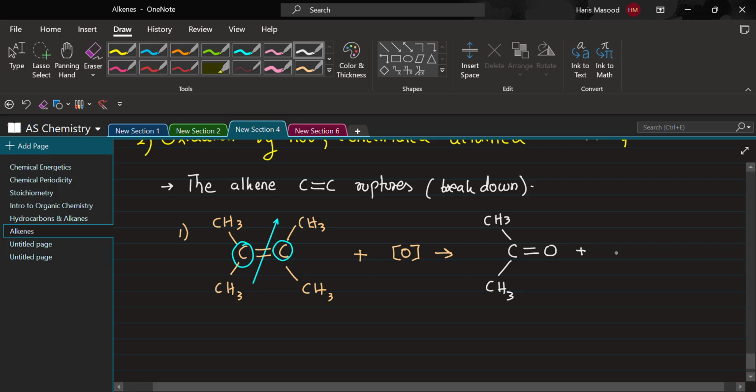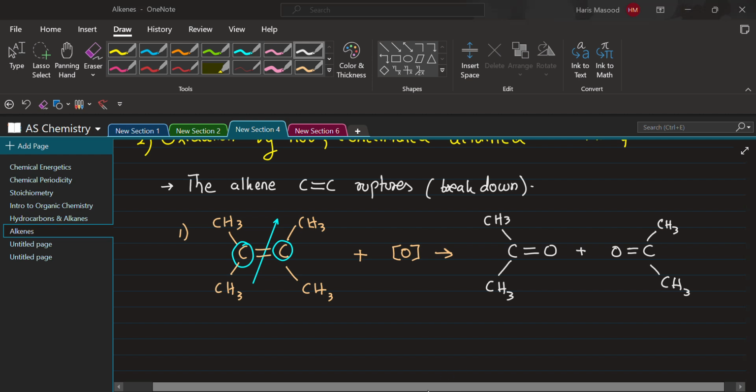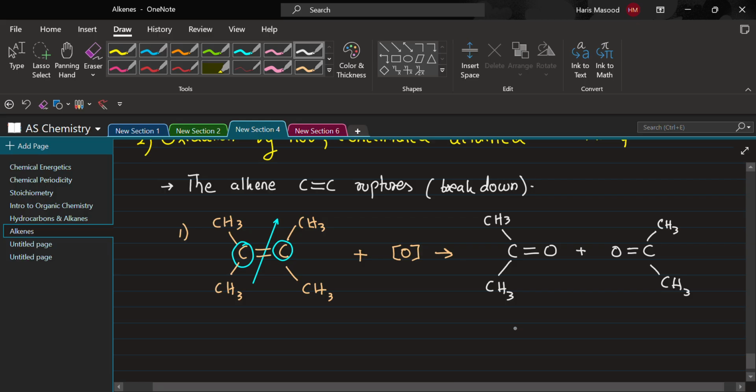Same thing happens with the other carbon. I'll explain that in the second concept. So basically, now what you have formed is a ketone here.